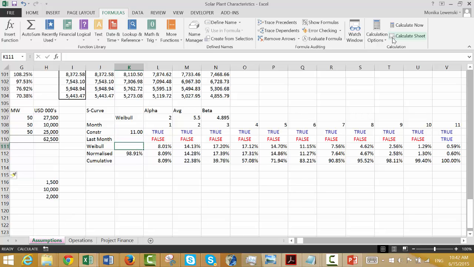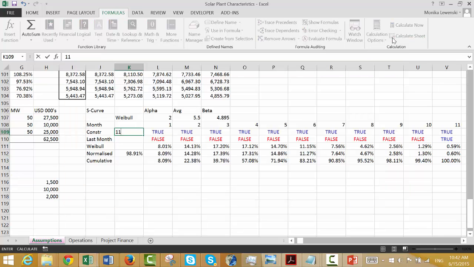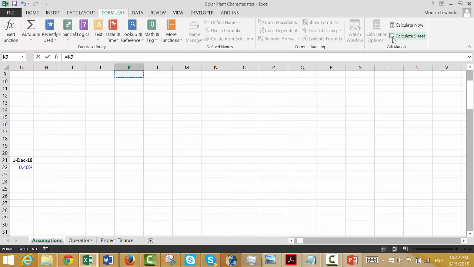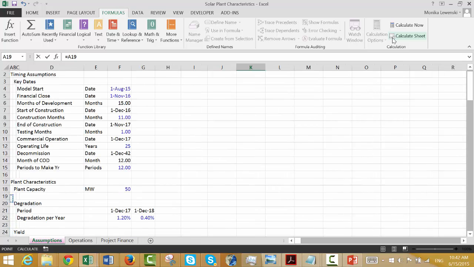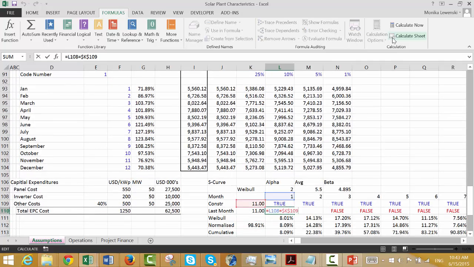The way I have it now is I have the Weibull set to this. I think I'm going to put this as a hard number. So far everything would be okay.